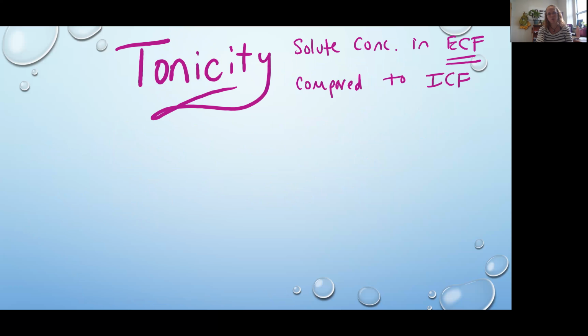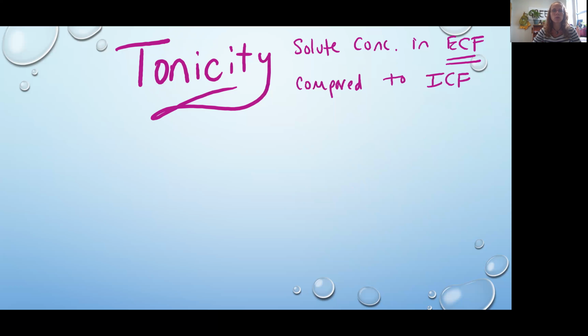Here's where it gets complicated, if you're not already feeling that way. We have some very specific terminology that's used for osmosis. We have this term called tonicity. Tonicity is referring to the solute concentration in the extracellular fluid compared to the intracellular fluid.